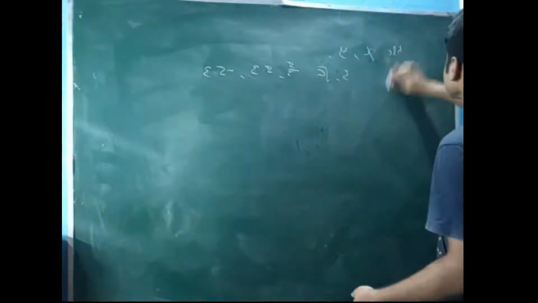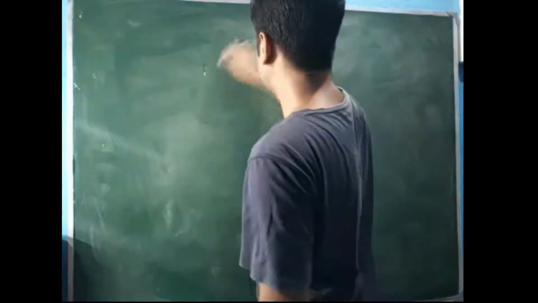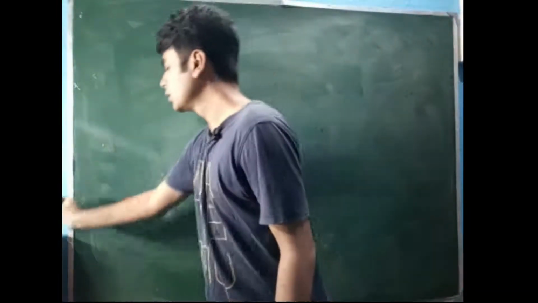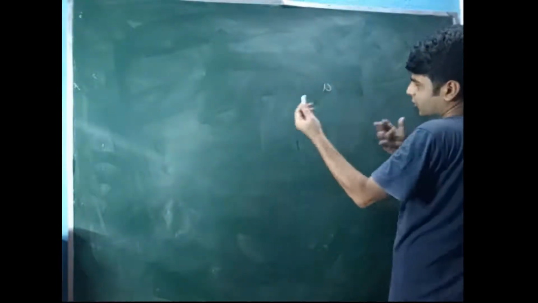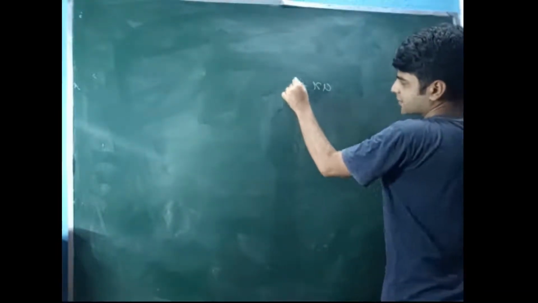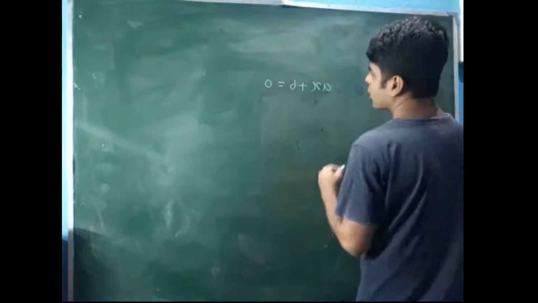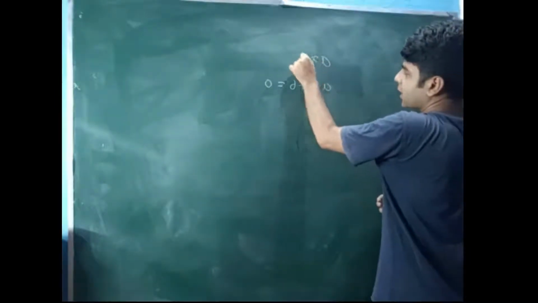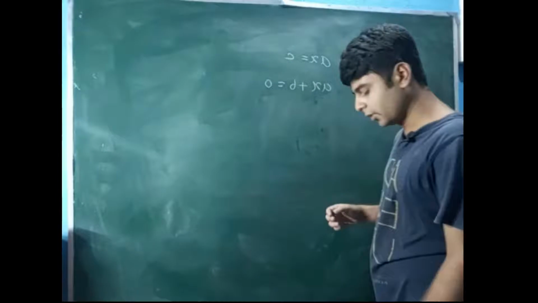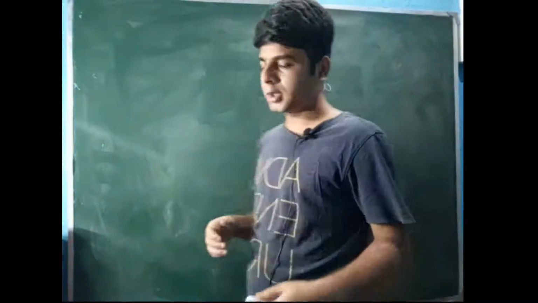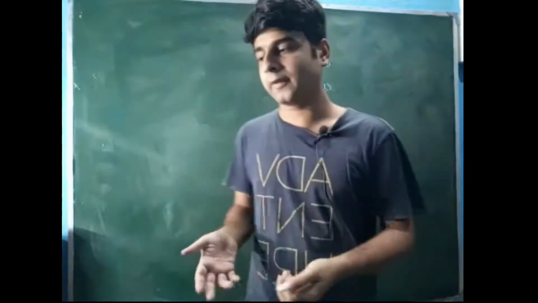Now, the simplest form of algebra is ax plus b equals 0 or ax plus b equals c.